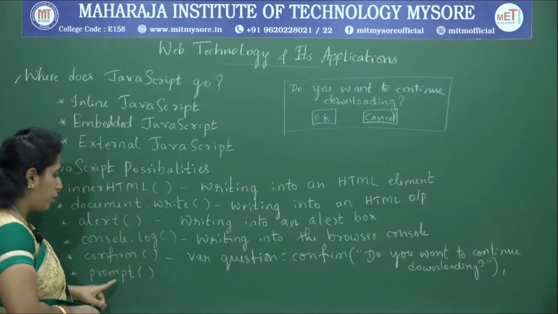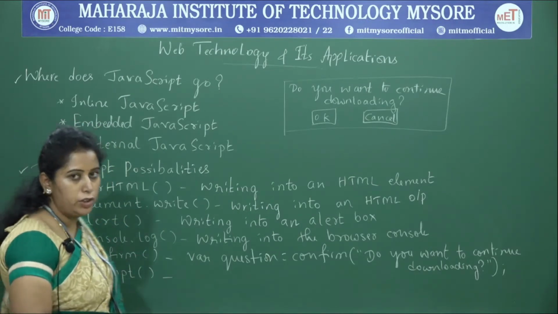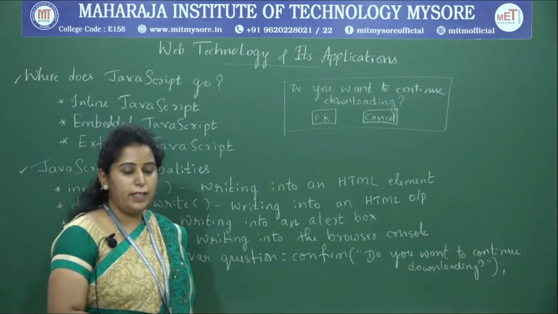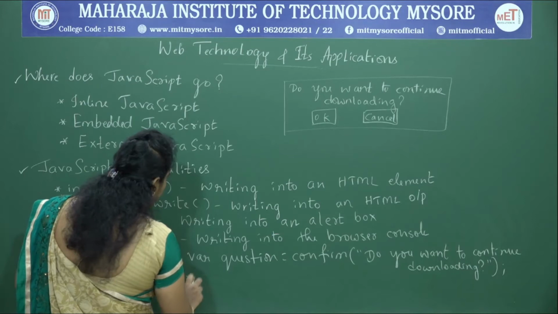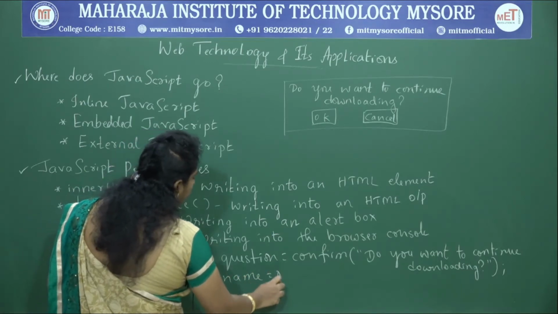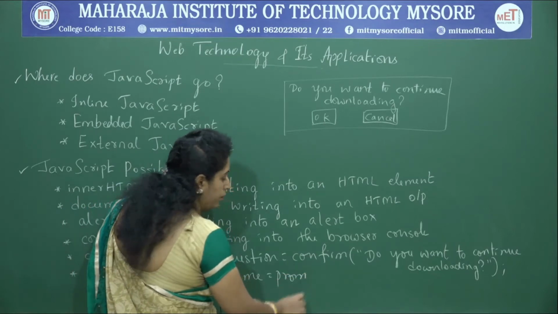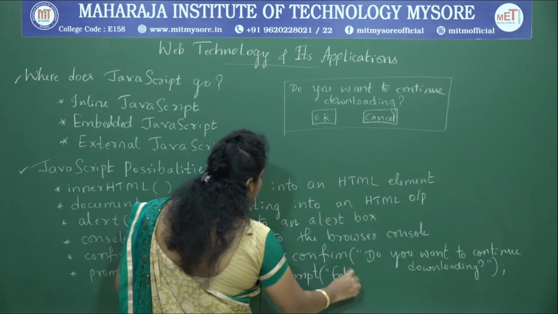So next is prompt. This is also one of the functions used for reading an input from the keyboard. For example, where name is equal to prompt, inside that enter your name.